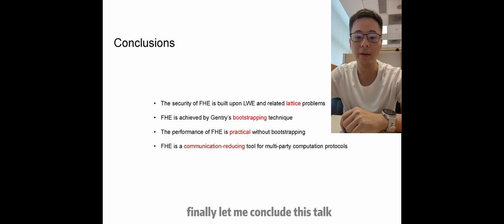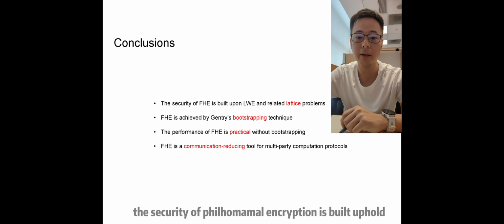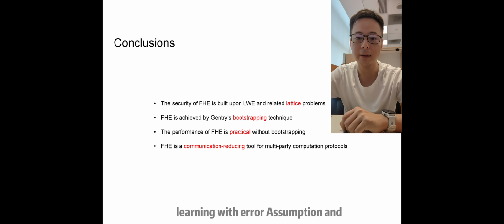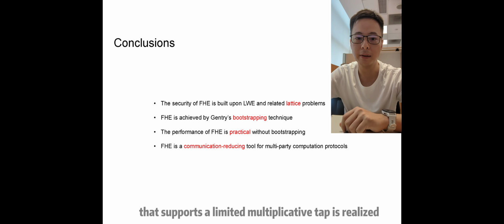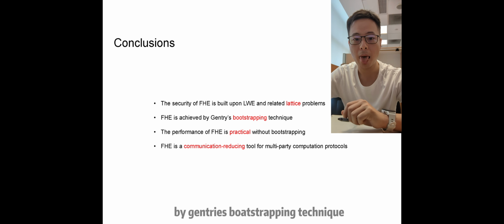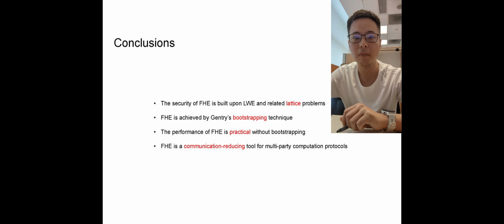Finally, let me conclude this talk by highlighting several points. The first, the security of fully homomorphic encryption is built upon the learning with errors assumption and other related lattice problems. Second, the feature of FHE that supports unlimited multiplicative depth is realized by Gentry's bootstrapping technique.